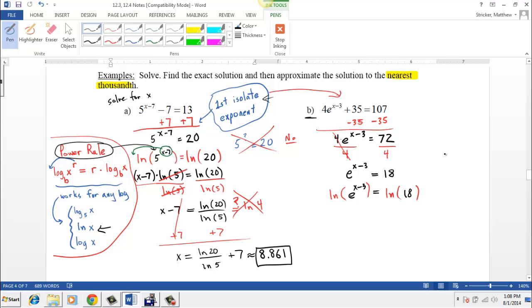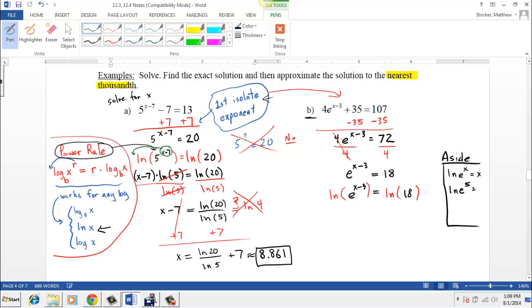And I want to remind you of something that we learned earlier. Remember, this is a very important result, a nice shortcut. Anytime we take the natural log of e to some power, because the natural log and the e are inverse functions of each other, they kind of cancel each other out. They knock each other out, and all we're left with is the exponent.